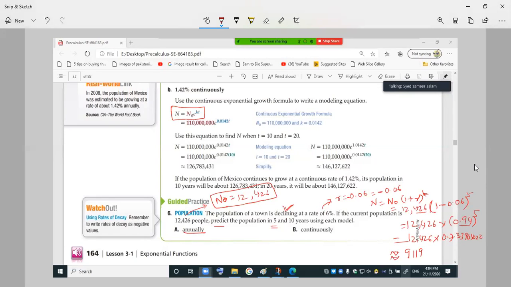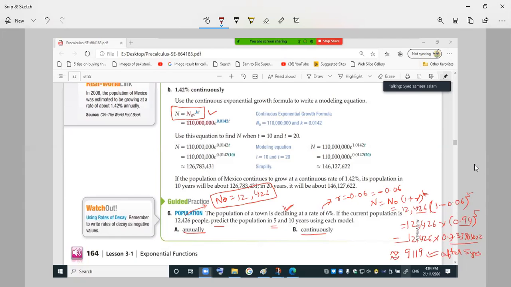So this will be calculated, times 12,426, and we are getting 9,119. The population after 5 years will decrease to 9,000 because it is declining. But it is annually. Now if it is given continuously, we will use this formula.